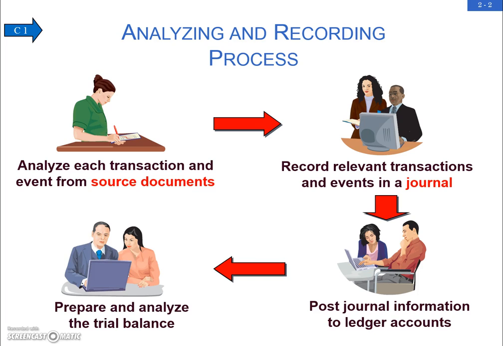First of all, we analyze transactions from what's called source documents. Some of this is historical. In real practice today, a lot of things are computerized, so you may not be looking at actual physical documents. But back in the day, if you were an accountant for a company, you would get source documents like bills, canceled checks, all sorts of things that show the company has either spent money or received money, and some sort of explanation as to why, so that you could properly record that transaction.